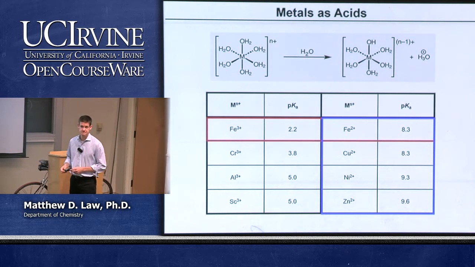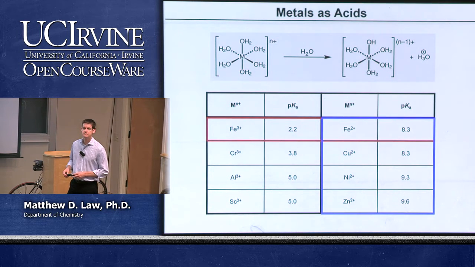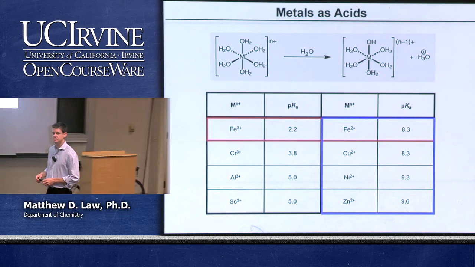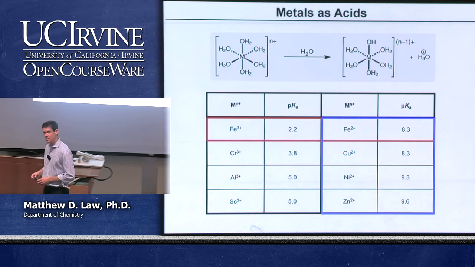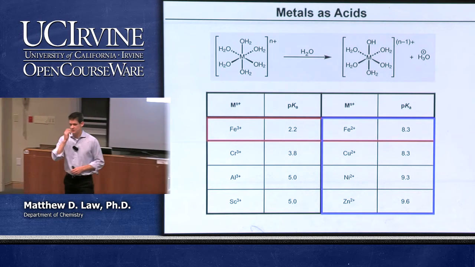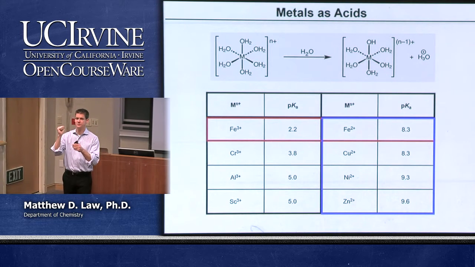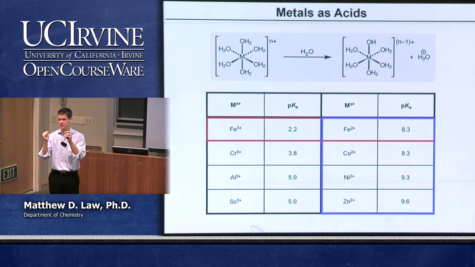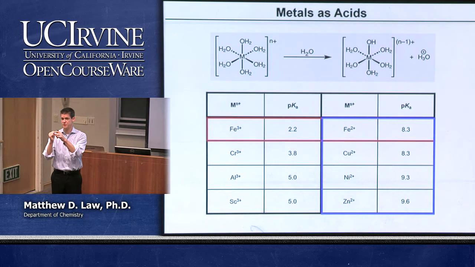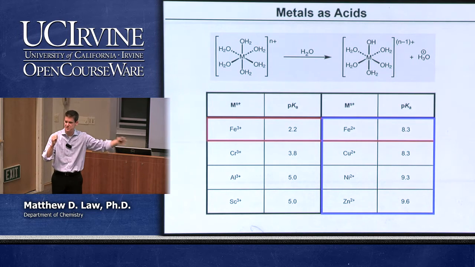Yeah, in the back. So in the case of iron, is it the iron pulling the oxygen, or is it the oxygen pulling the iron? Because it showed that oxygen is becoming partially negative, so is it the oxygen pulling? So we can think of it like this. You have a very strong Lewis acid in the iron 3+, interacting with the Lewis base, which is the water coming in. The lone pair from the oxygen is going to be the bond that forms between iron and oxygen, right? And the polarization of that, as well as everything else that's near it, depends on the polarizing power of that central metal.